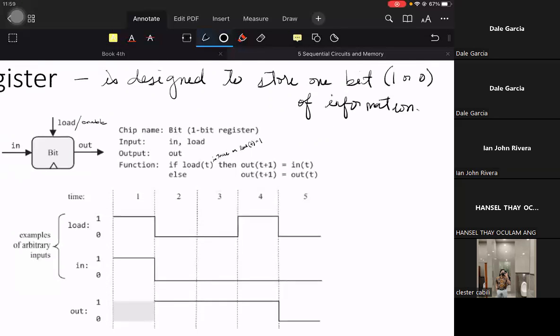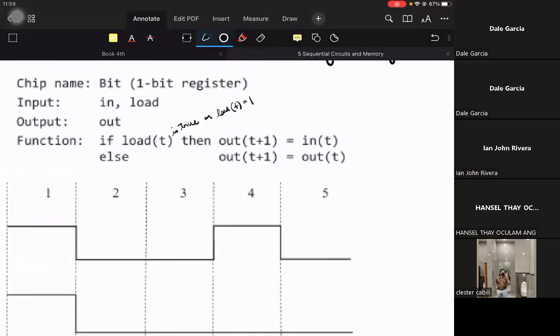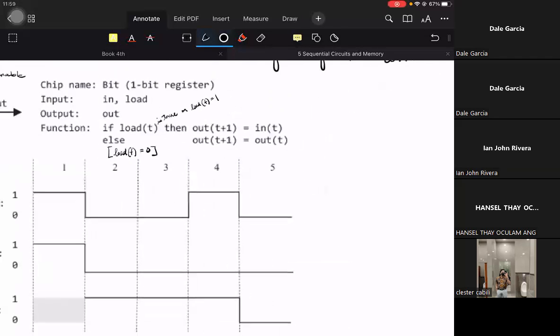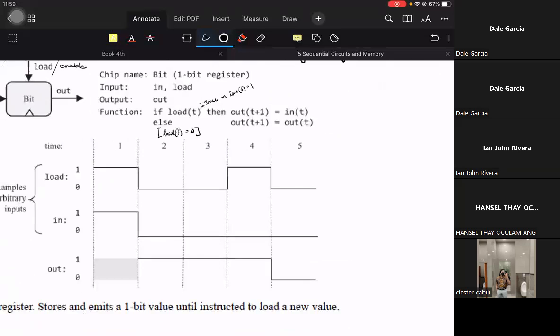Notice that if load at T equals 0, just like in cycle 2, the output is the previous output.